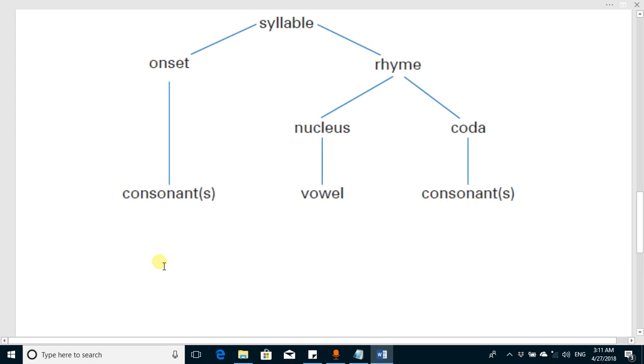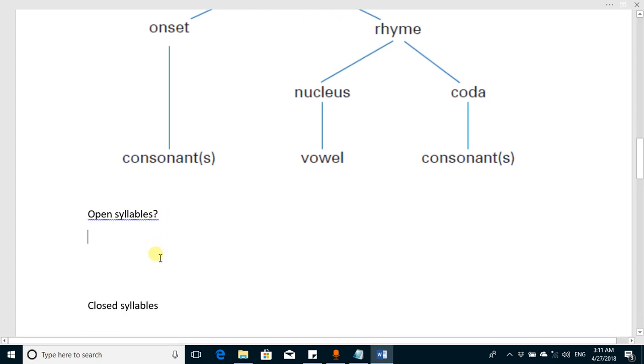So these are the basic parts of syllables, and we can categorize syllables in two groups, open syllable and closed syllable. So what are open syllables? Open syllables are those syllables which do not have the coda part.